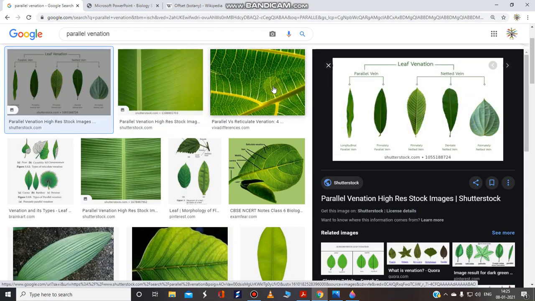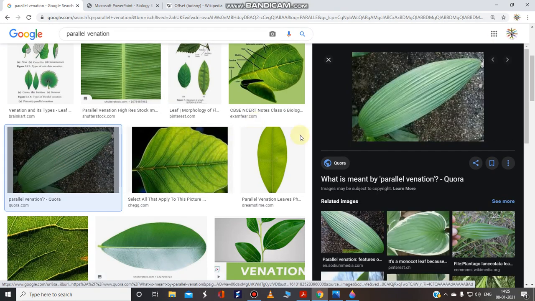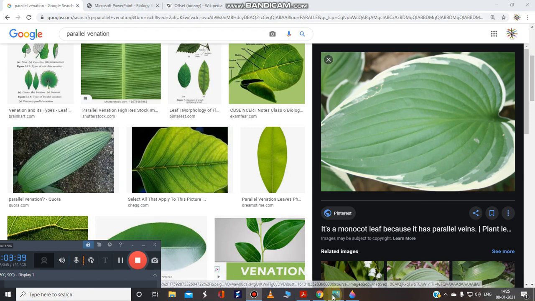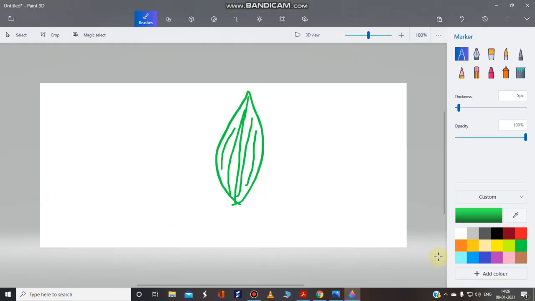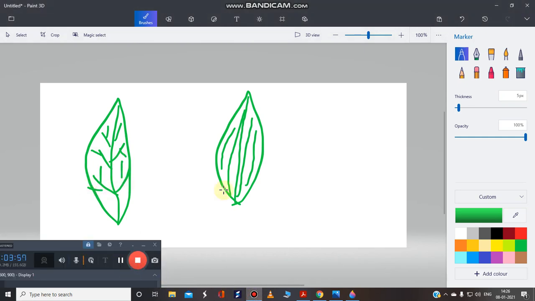Let's take an example of this plant. Over here, very important, the venations are always there, but they are parallel to each other. So they are known as the parallel type of venation. The other example is the reticulate type of venation. Suppose this is the leaf and this is the midrib, and if you have venation like this, net-like, these types of venation are known as the reticulate type of venation.